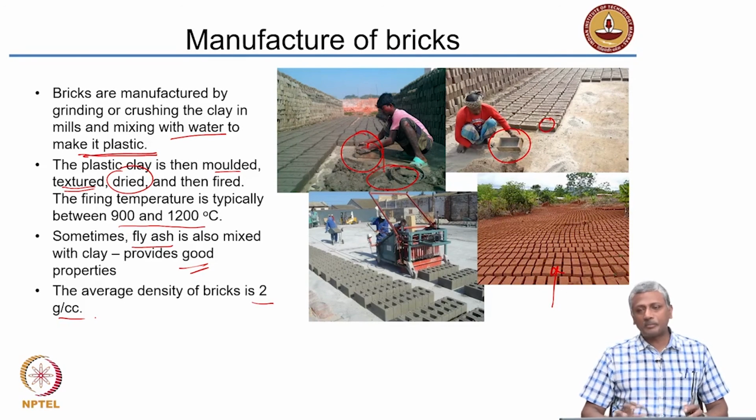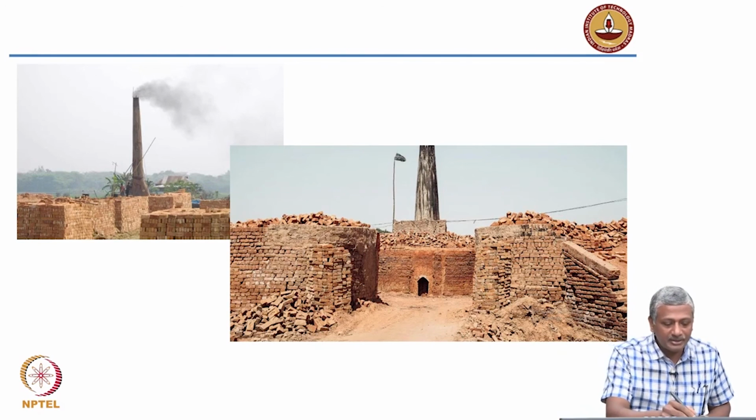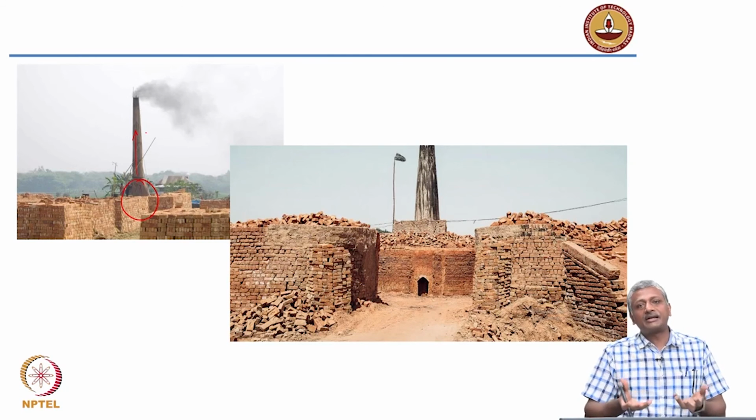Right. So we've looked at the process of manufacture of bricks, and again, as I said, the firing is done inside a kiln. So typically the kiln is located here, and that's the stack which removes all the gases, because obviously to fire it at that high temperature you'll be putting in some fuel, igniting some fuel, and this fuel will let off some gases, and these gases could be quite harmful also.